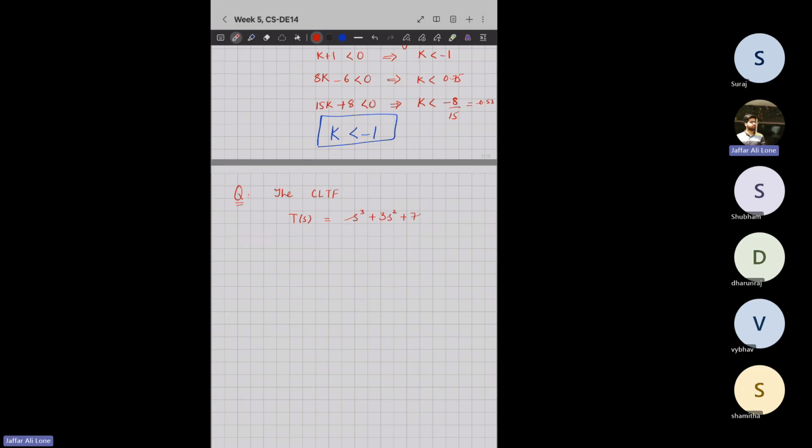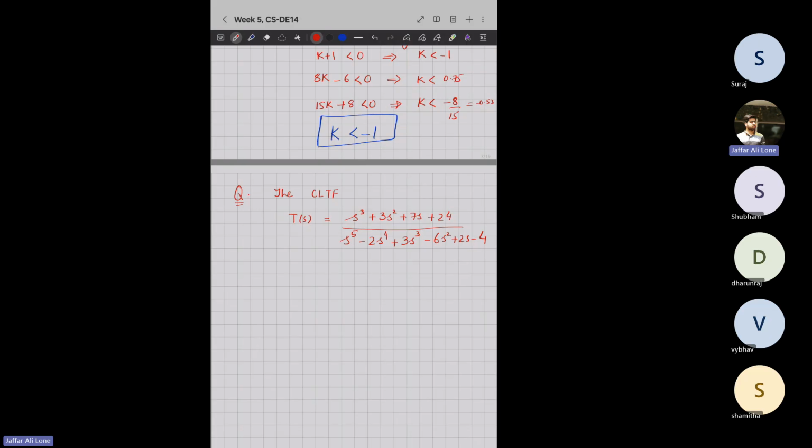Everybody should be able to tell me the answer in this case, because this is a good question and at the same time a very conceptual one. s^5 minus 2s^4 plus 3s^3 minus 6s^2 plus 2s minus 4. This is my closed loop transfer function.